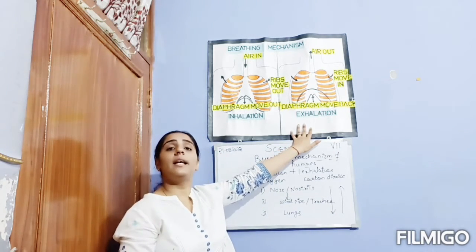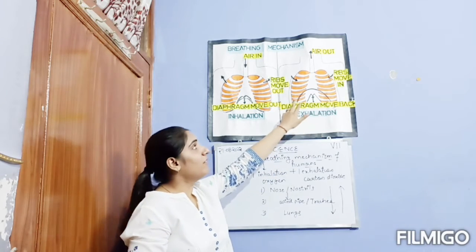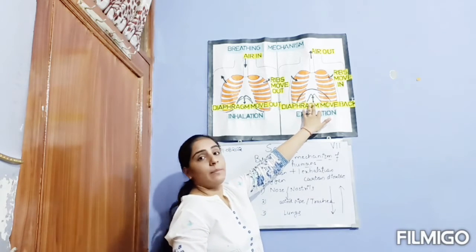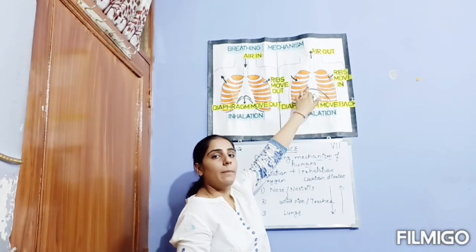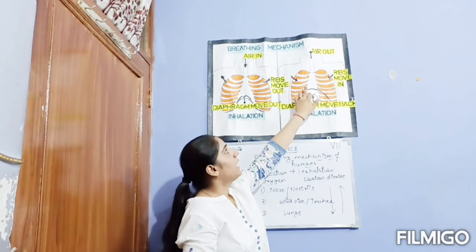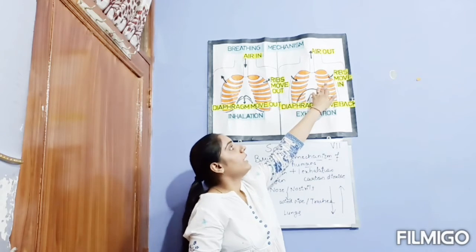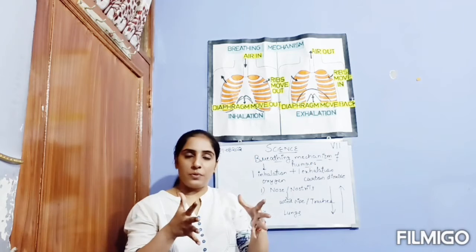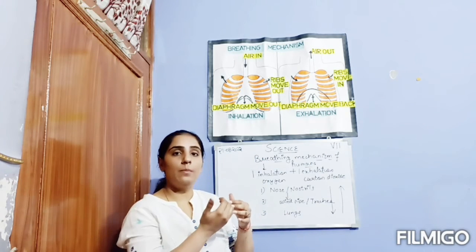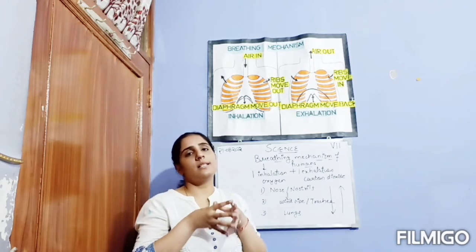Next, if we look at the time of exhalation, we will see that the diaphragm has moved up, or we can say it has come back to its original position, and the ribs are also moving inwards, coming back to their original position. The diaphragm is moving up, so less space is created.